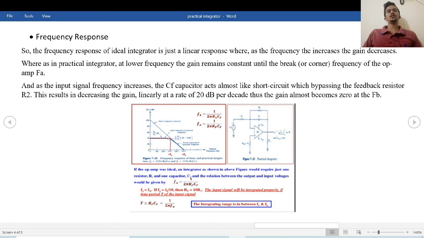Thus, the gain almost becomes zero at the frequency FB.